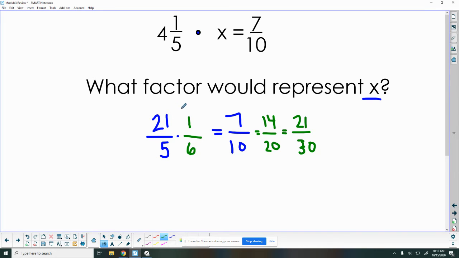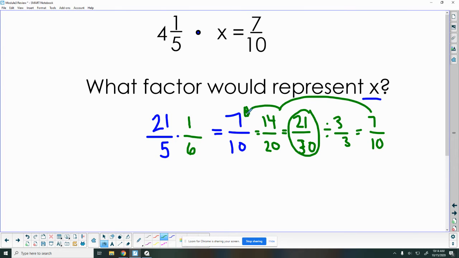So if I do 1 times 21, that equals 21. 5 times 6 is 30. And when I simplify and divide them both by 3, 21 divided by 3 is 7. 30 divided by 3 is 10. That equals 7/10. So I would need to times that by 1/6.